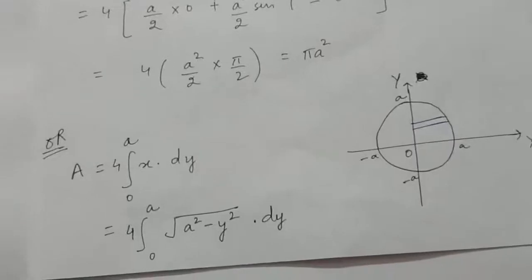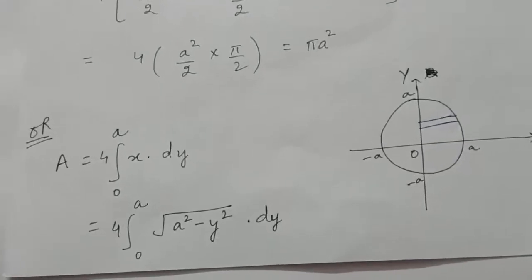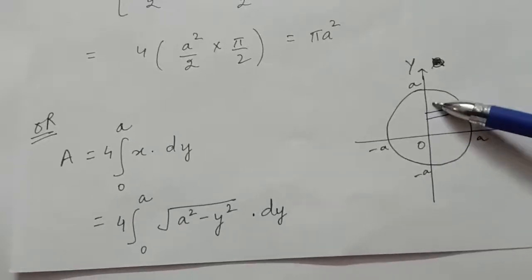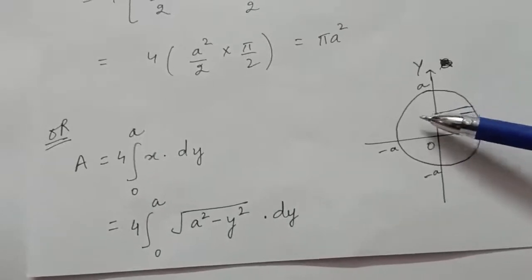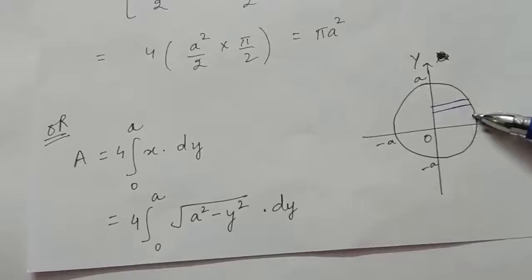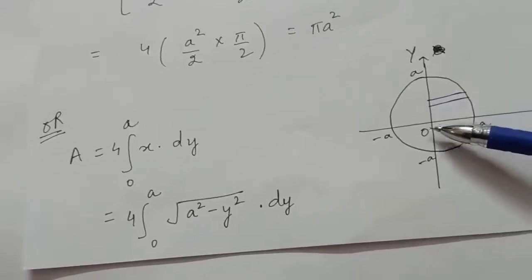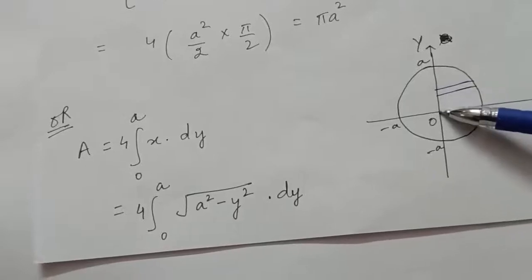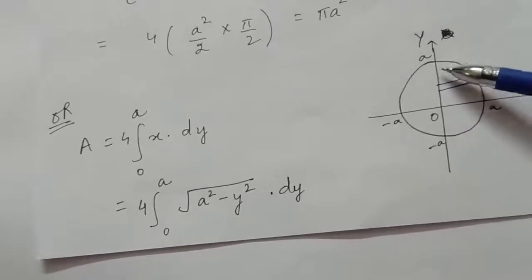Now see, we can also do it by taking the limits of y. This is the circle given. So the area will be 4 times the area of this region. Now if I take the limits of the y-axis, the limits are from 0 to a, right?